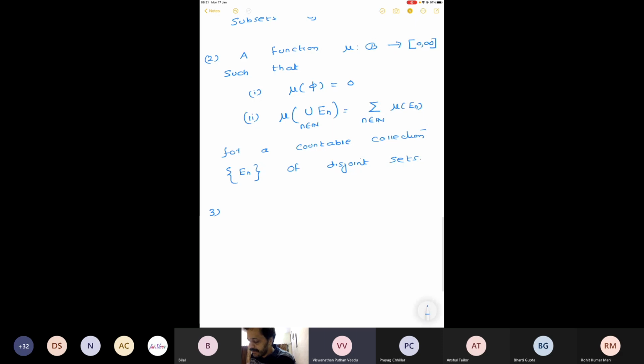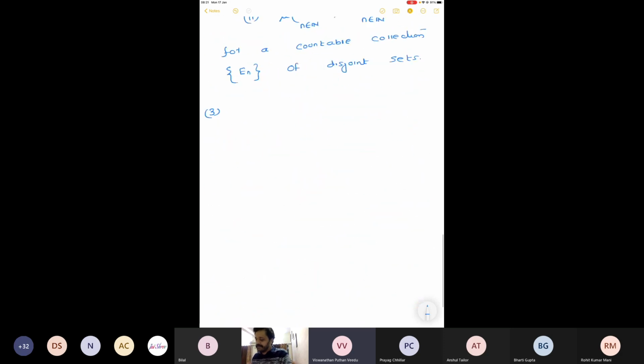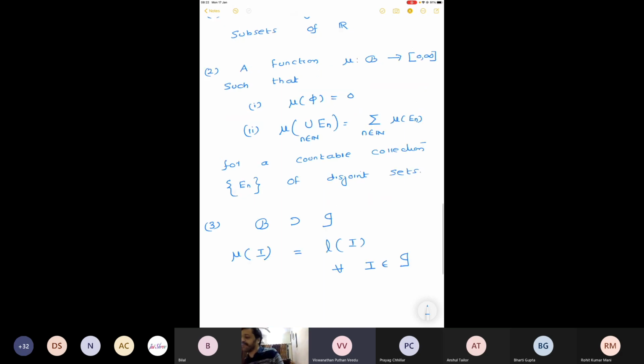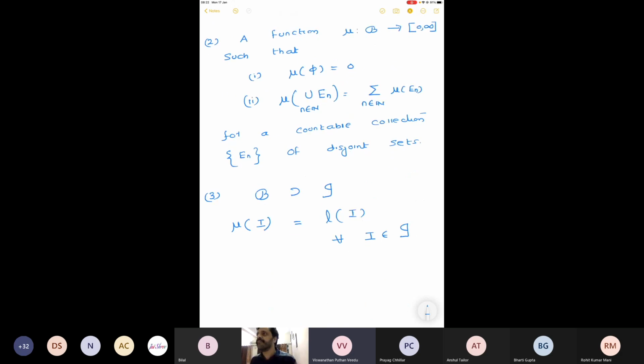Meaning, this sigma algebra that you are looking for should contain script I, the intervals. B contains I. And further, the mu of any I should be equal to the length of I, and this should be true for every I in script I. This is what we are looking for. Such a mu we are looking for. Is it okay?